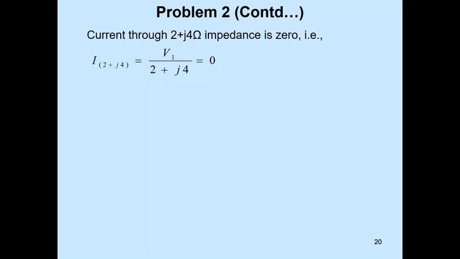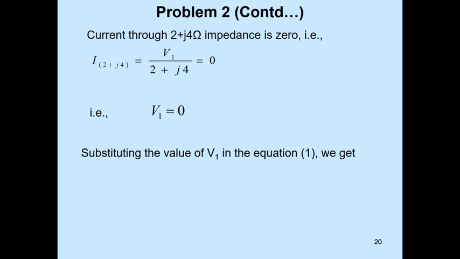So current through 2 plus j4 is equal to 0. Then V1 by 2 plus j4 is equal to 0. So here V1 is equal to 0. So substituting the value of V1 in equation 1, we get 0 equal to 25 at an angle of 45 plus 0.2 V2 divided by 0.825 at an angle of 14.04.